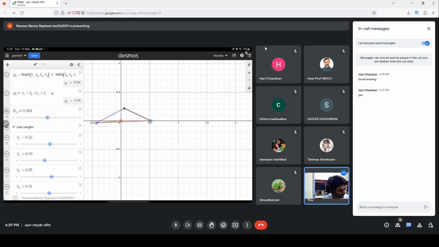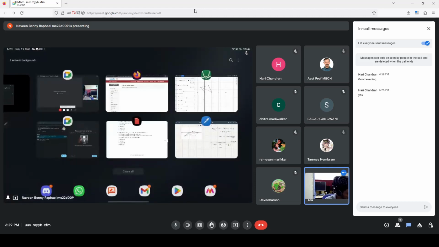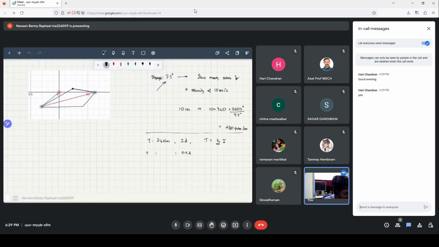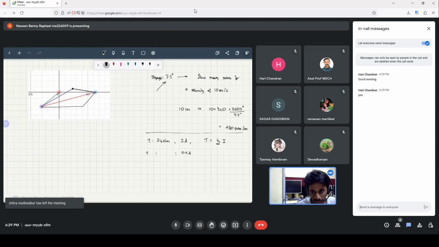So I had unfortunately not changed this, because if you think about it, for this particular set of link lengths, we can also have a parallel set of links which are the opposite way. Instead of going upwards, as I've made it here, it's also possible to have it go the other way, down.